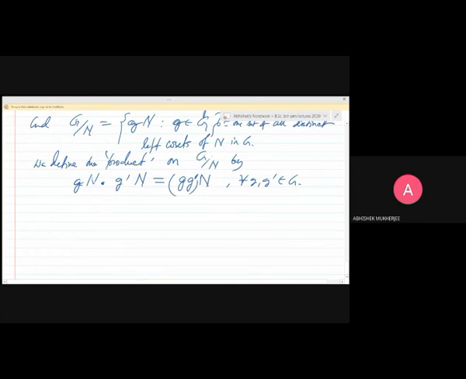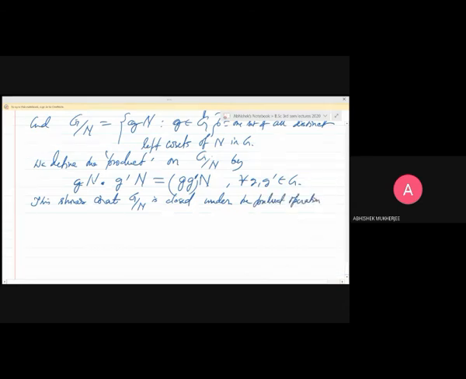Then this shows that G/N is closed under the product operation, right?